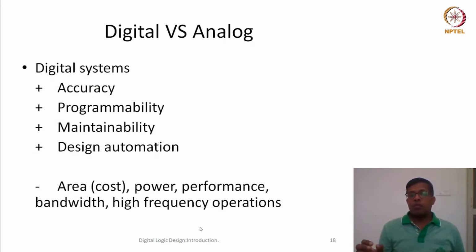One of the reasons is that my digital system will give me very, very high accuracy. Let's take an example. Let's say my analog signal is between 0 and 5 volt, and the value is 3.5 volt.